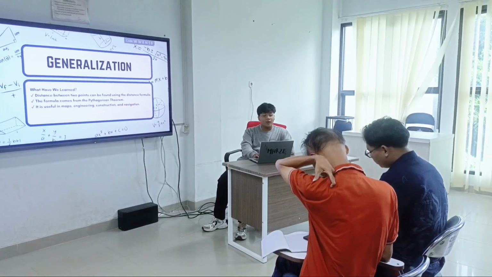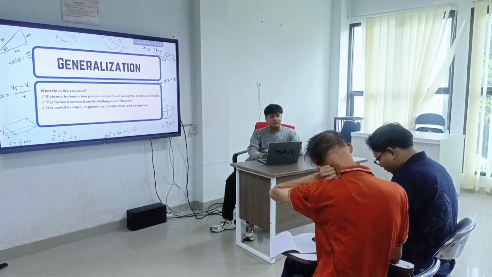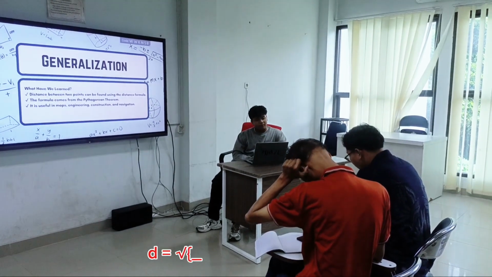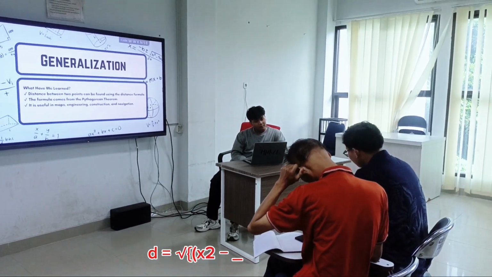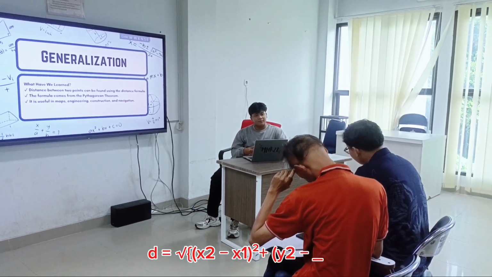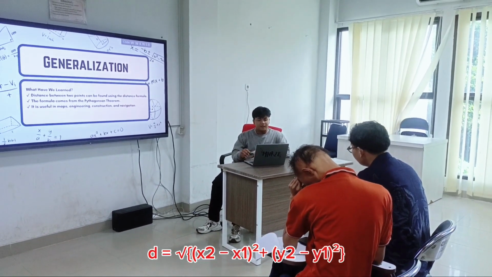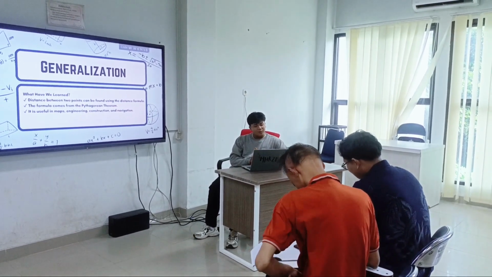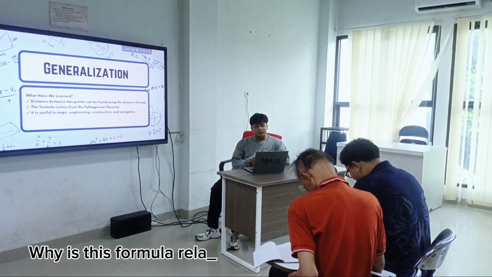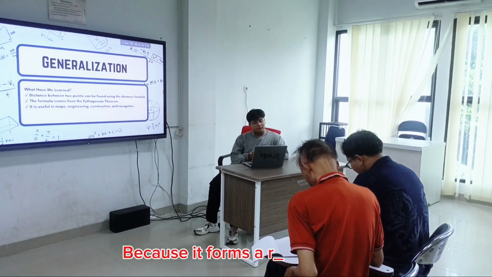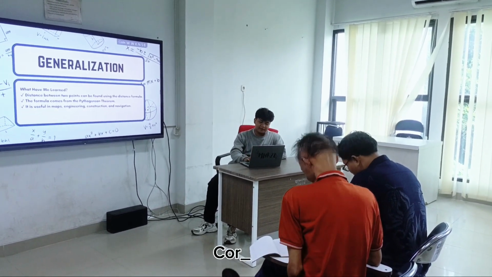Distance formula. What is the formula? D equals root of (x2 minus x1) squared plus (y2 minus y1) squared. Excellent. Why is this formula related to the Pythagorean theorem? Because it forms a right triangle. Correct.